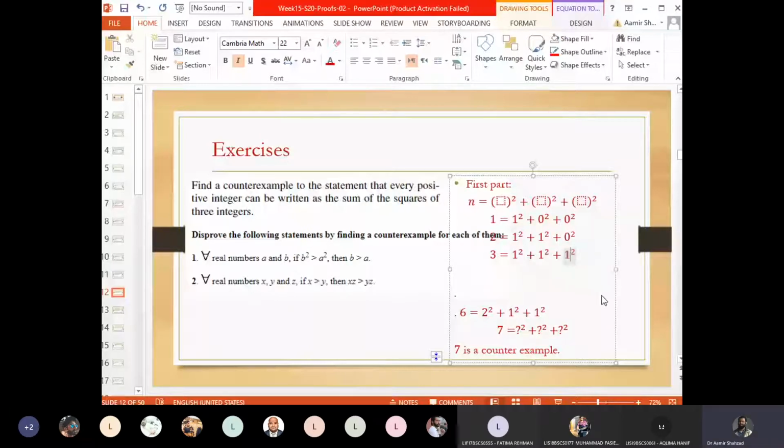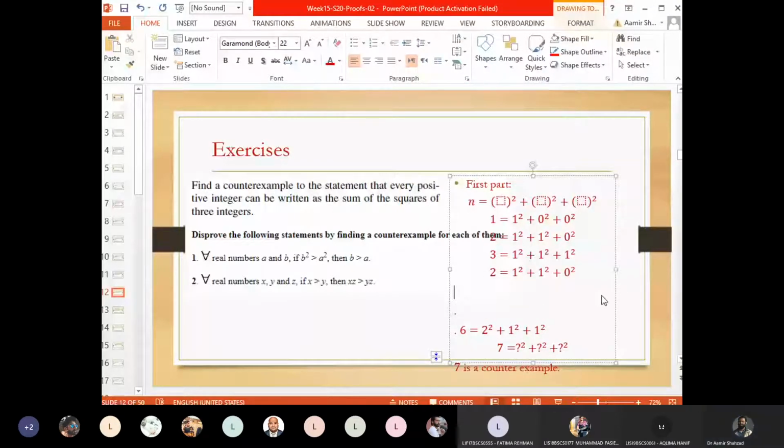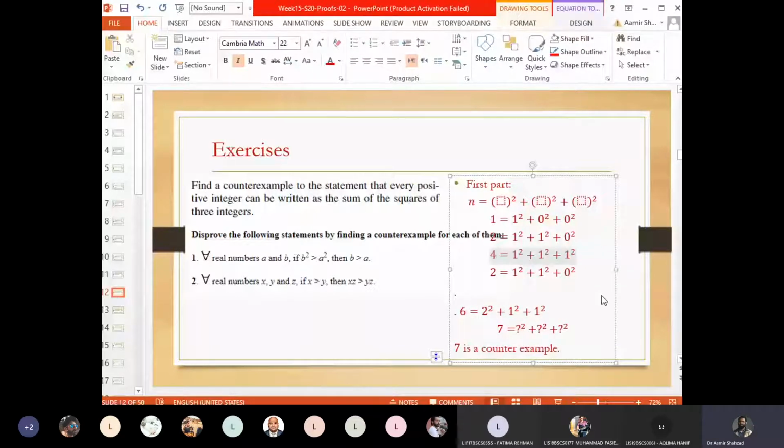That's true. 4 can be written as 2 square plus 0 square plus 0 square. That's also true. So 4 can be written as 2 square, which is 4, and then 0 square plus 0 square.